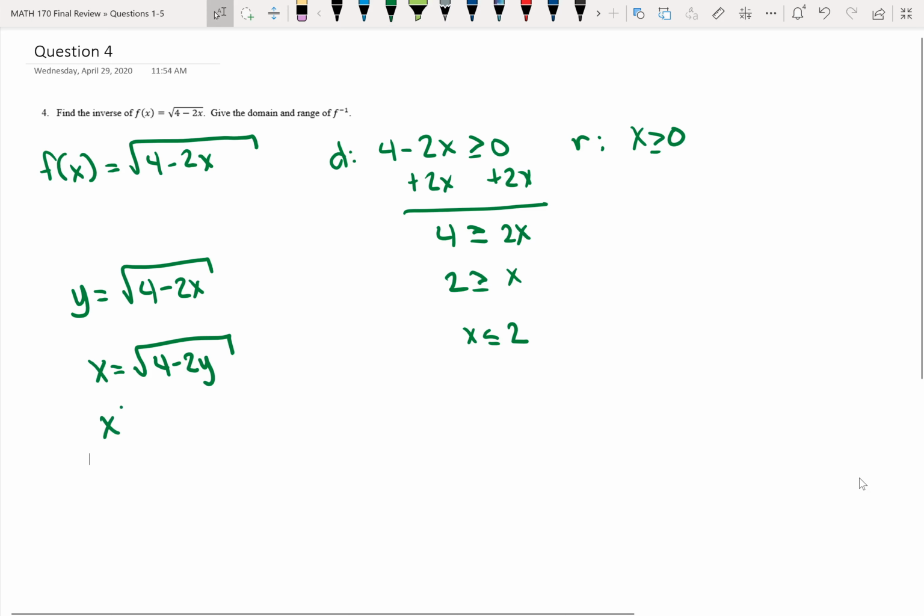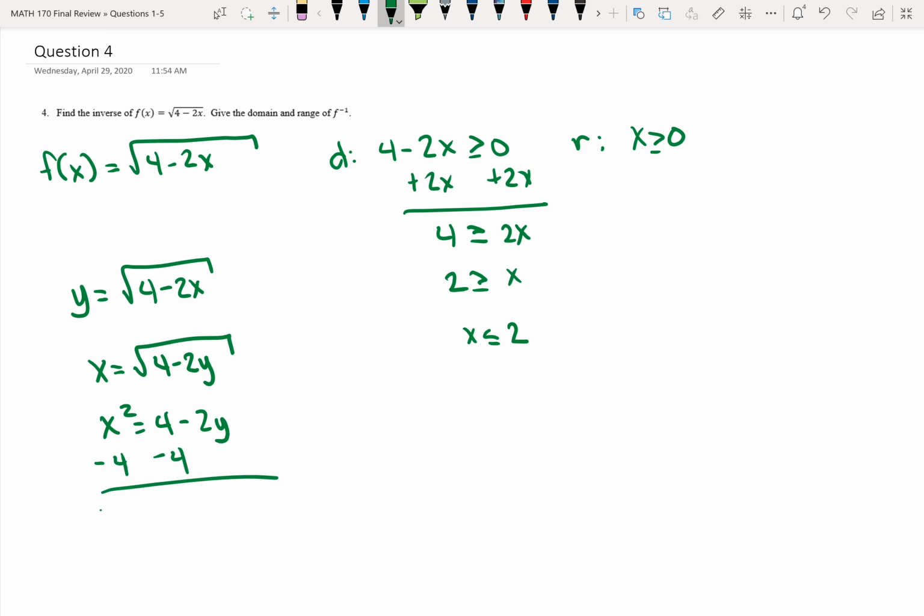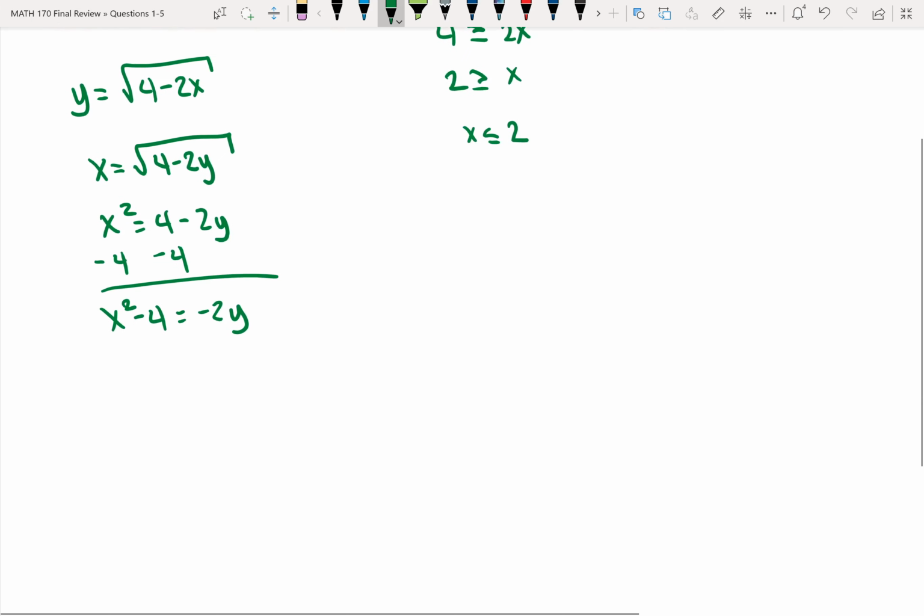So I'm going to square both sides. Going to subtract 4. So I have x squared minus 4 is equal to negative 2y. And then I'm going to divide both sides by negative 2.